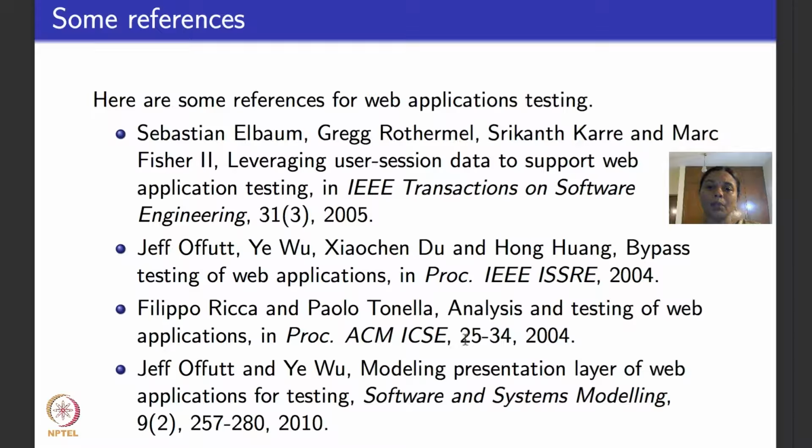Another early paper, in ICSE 2004, talks about graph models of web testing, the 5 different transitions between CIMs. All those things you can find in this paper by Ricca and Tonella. The server-side testing that we discussed, modeling the presentation layer as CIM and ATG, was in the paper by Jeff Offutt and Wu, in the journal Software and Systems Modeling, in 2010.